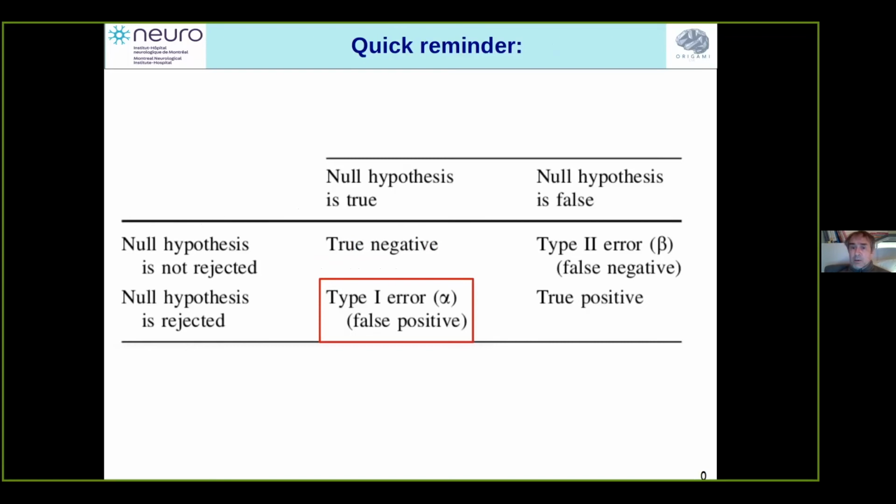Coming back to our p-value and null hypothesis testing. We imagine a world where there are two possibilities: the null hypothesis is true or the null hypothesis is false, and we decide, based on the data that we have, whether we reject or don't reject the null hypothesis. The classic type of error control is the type 1 error, which is the case where the null hypothesis is actually true, there's no difference between the means, there's no signal in the data, and we do reject that null hypothesis.